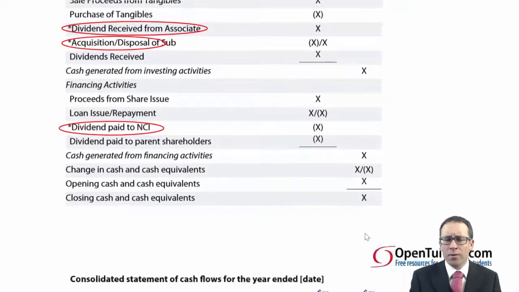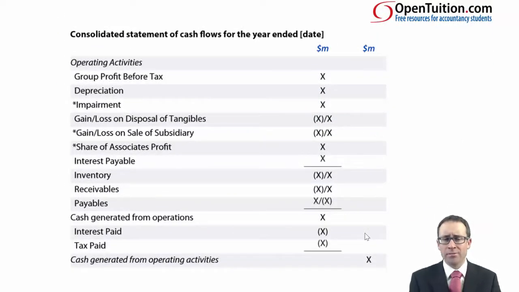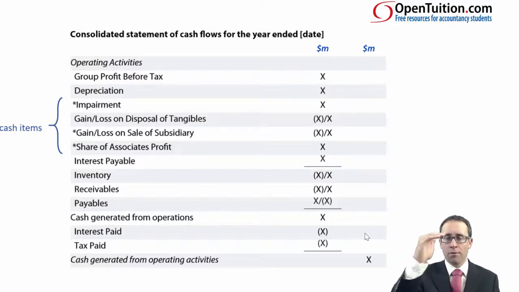Just to add on top of that, there's some smaller little bits and pieces. If you look at the top of your consolidated statement of cash flows within your operating activities, you will also need to make adjustments for those non-cash items. So you have to prepare the group statement of cash flows under the indirect method, taking your group profit before tax and reconciling it to your cash generated from operations.